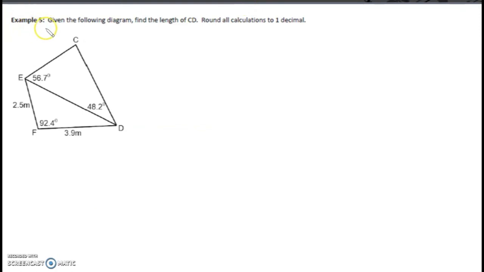Okay, example 5, given the following diagram, find the length of CD. Round all calculations to one decimal. So CD is this length right here. Taking a look at whether we use sine law or cosine law: remember, for sine law we need a matchup plus one other piece of information.